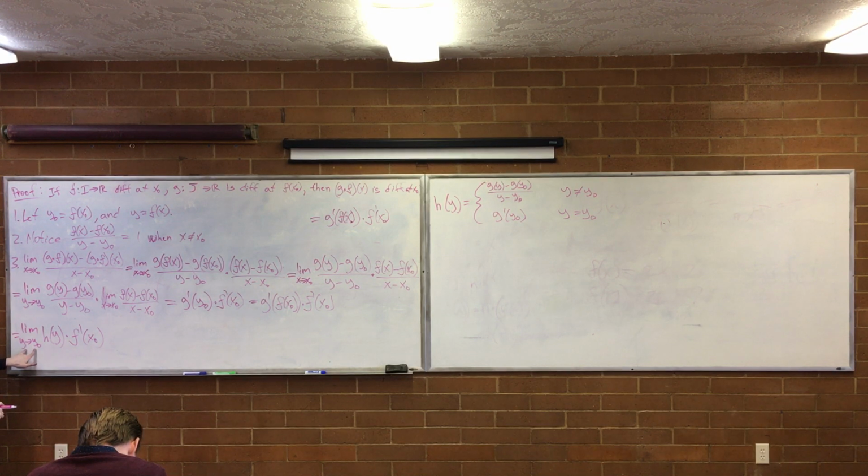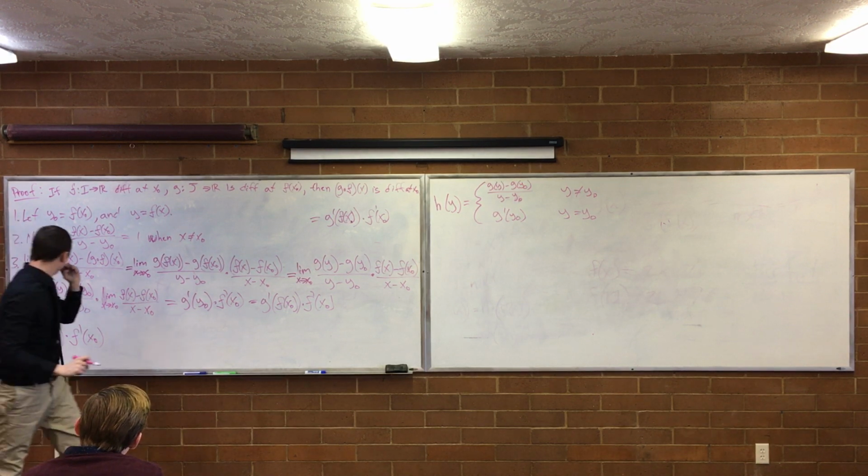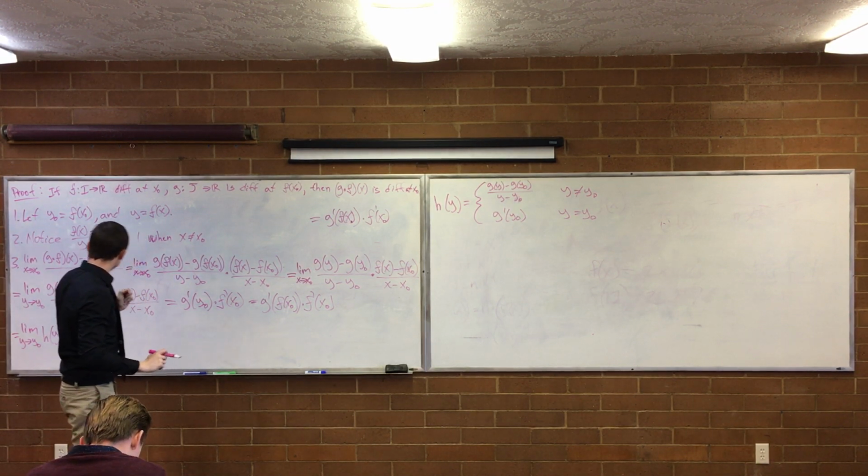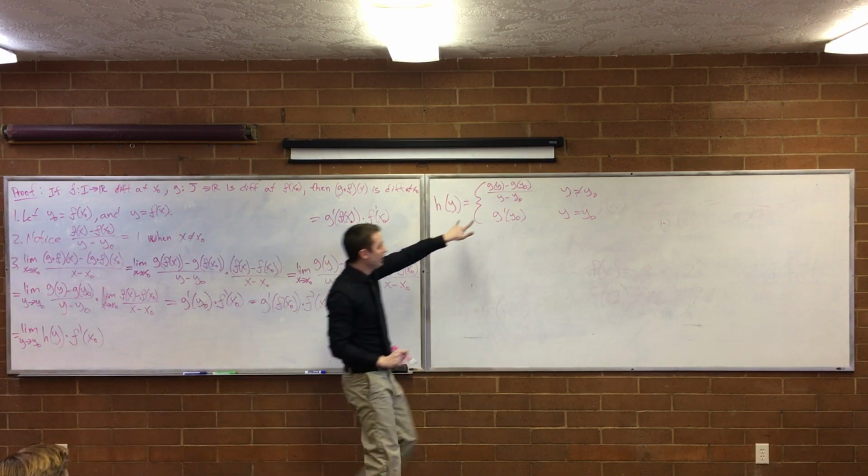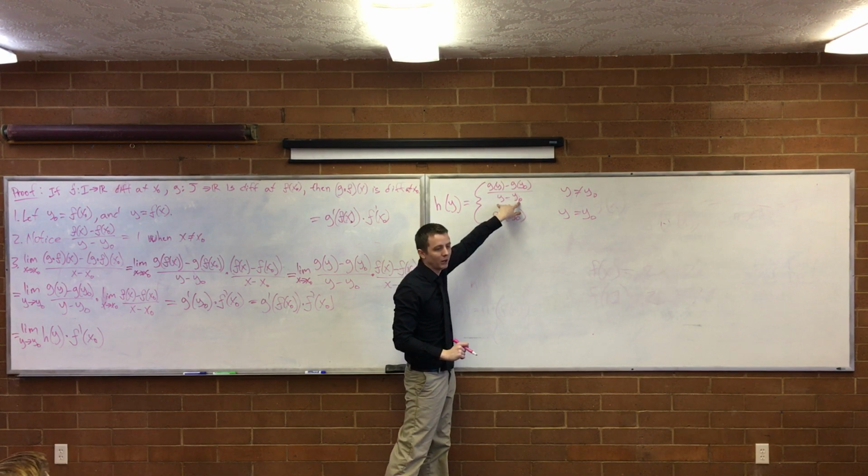Now the limit as y approaches y naught of h of y, we have two cases. We have the case where y is not equal to y naught, in which the top one works out. If y is never equal to y naught, then we're just evaluating this, which comes out to g prime of y naught.